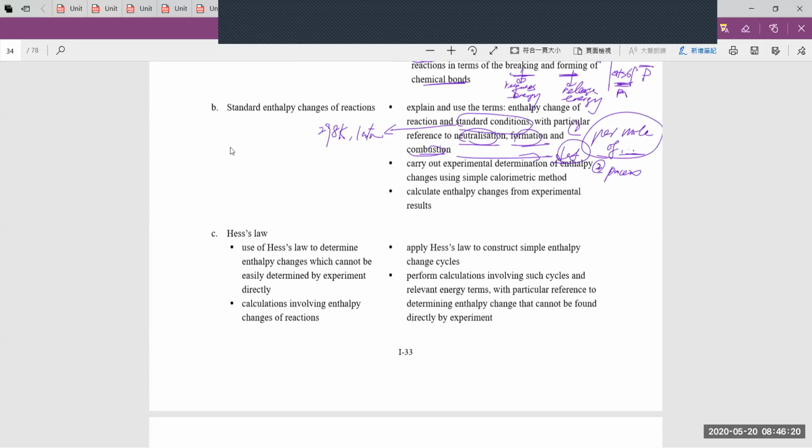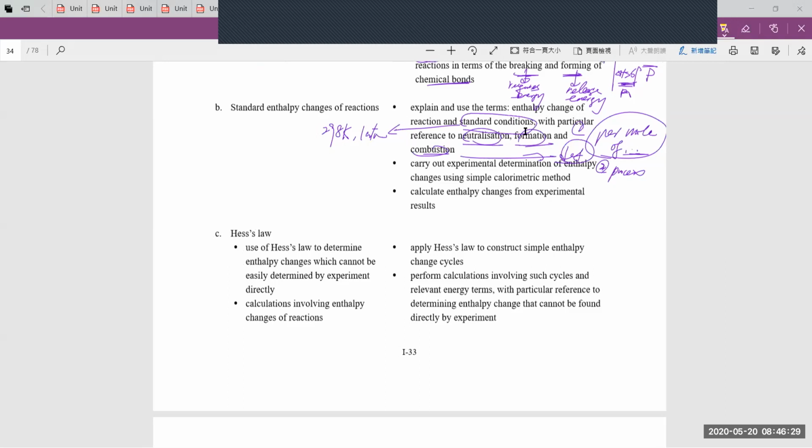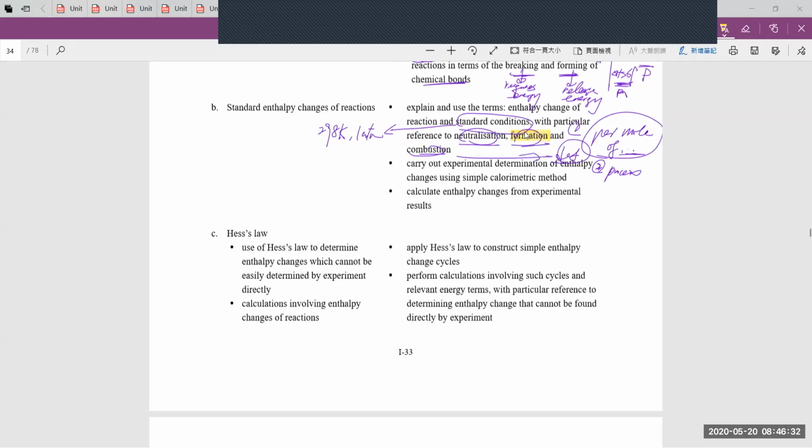But one equation is very strange to all of you, which is the formation. This one is very strange. Why? Because you would find it rare to have such real reactions in our daily life. But the use of this term gives you much convenience to do some estimation of delta H, and so we need to introduce it to you.